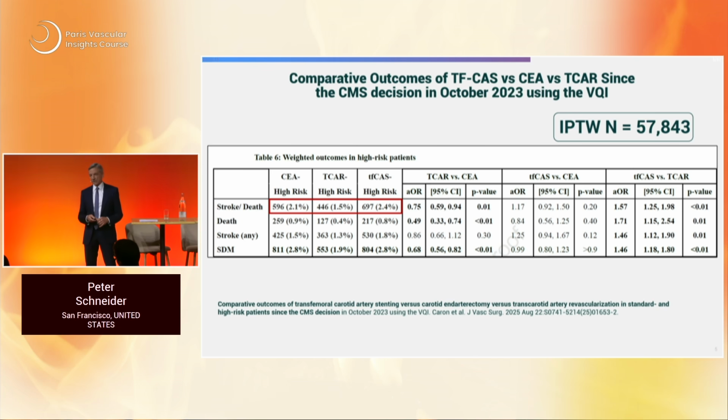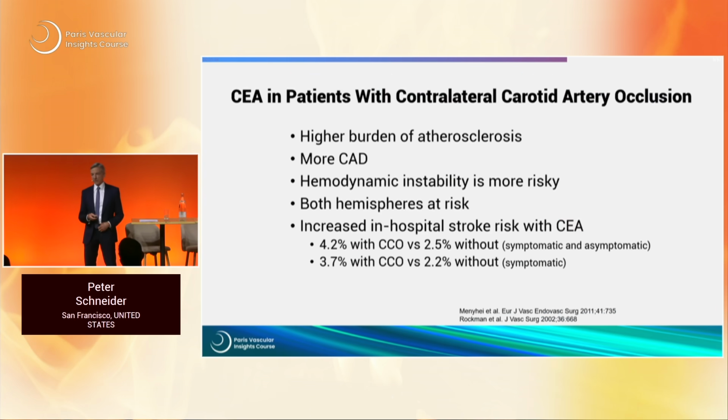You can see stroke and death with CEA 2.1%, TCAR 1.5%, transfemoral 2.4%. And when you compare TCAR with CEA, the adjusted odds ratio is in favor of TCAR. Again, these are high-risk patients. When you compare it with transfemoral, it's not just in favor, but it's significantly in favor, with transfemoral having a 1.57 times higher risk than with TCAR in high-risk patients.